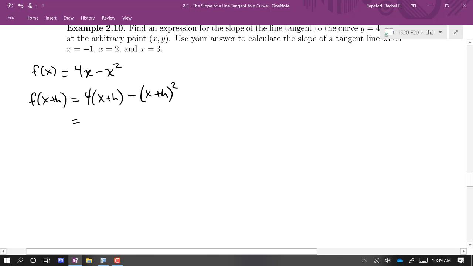We can distribute that 4, so we have 4x plus 4h minus, and now I'm going to square out the (x plus h) squared. If you FOIL that out, you'll get x squared plus 2xh plus h squared. Now I'll distribute that negative.